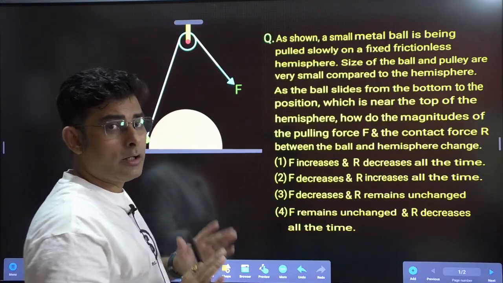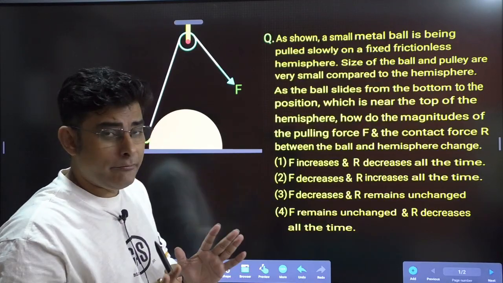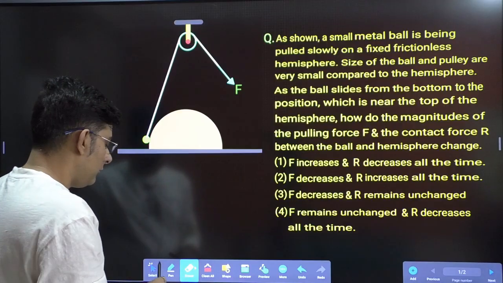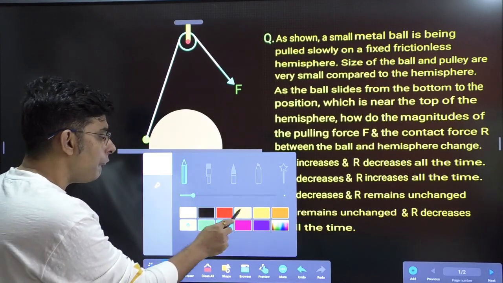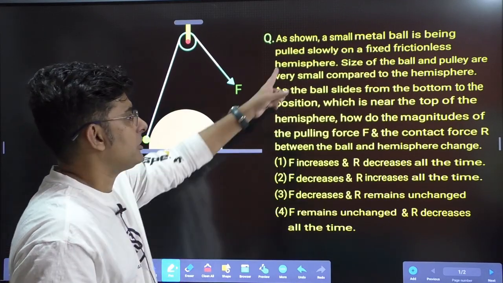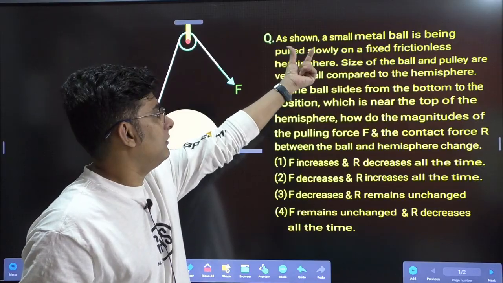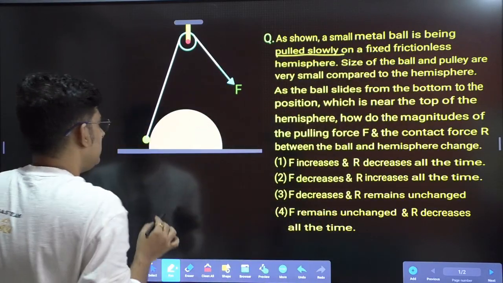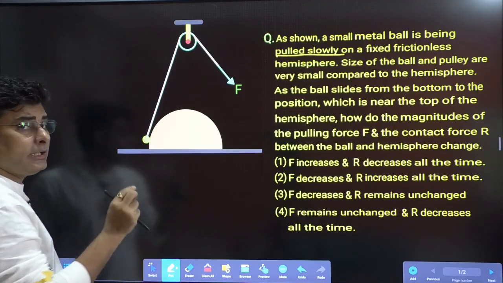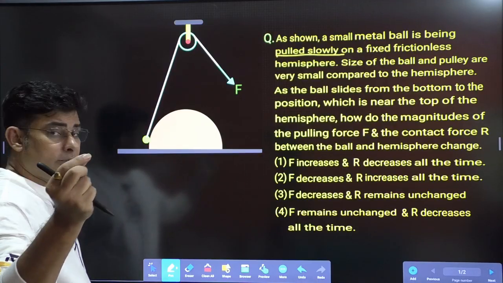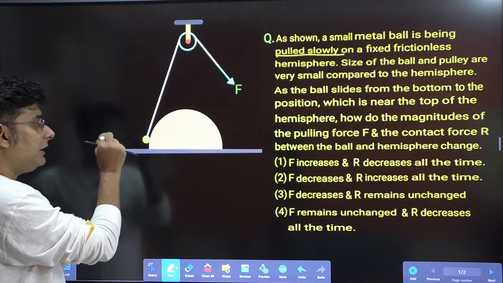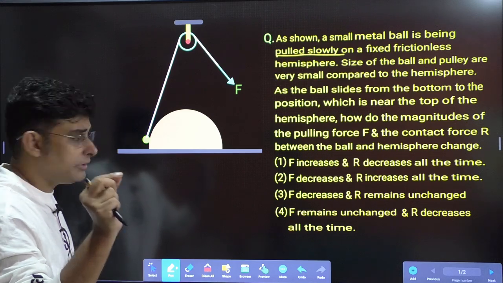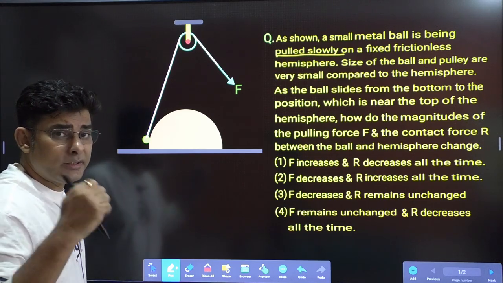Now let's analyze why we are going to use Newton's first law. Well, whenever you have such things in a question that they use the phrase pulled slowly, it simply means that speed is very small, negligibly small, and it is almost assumed to be constant.